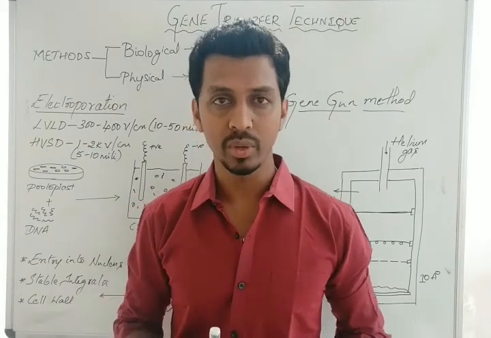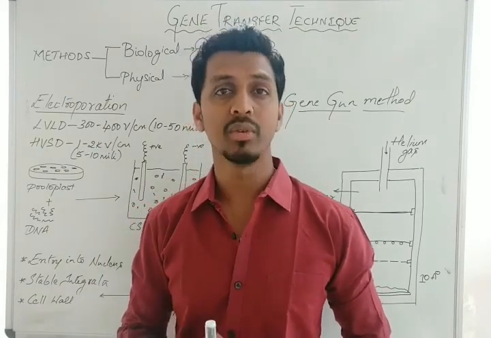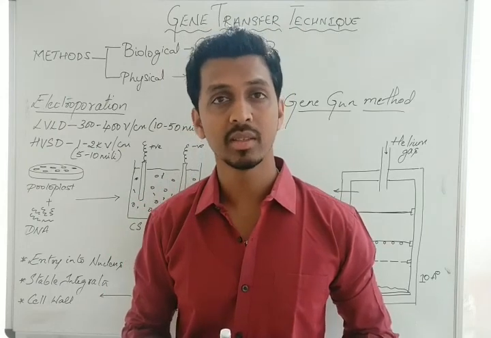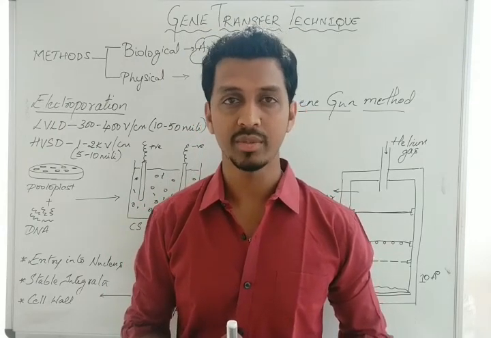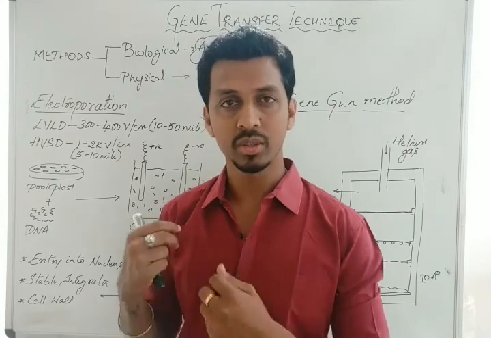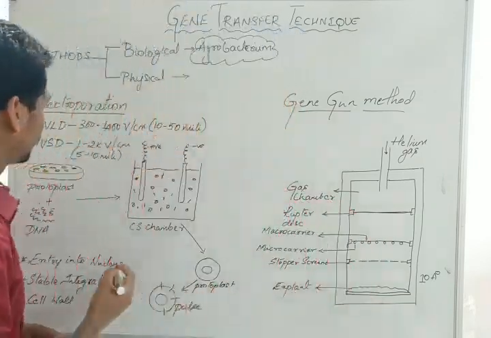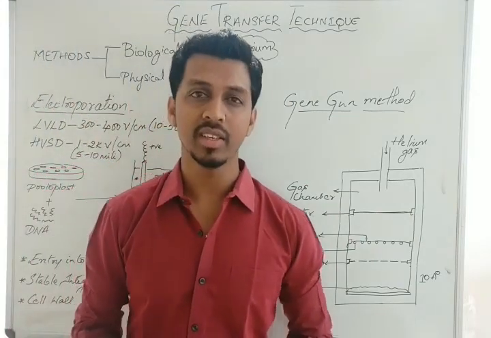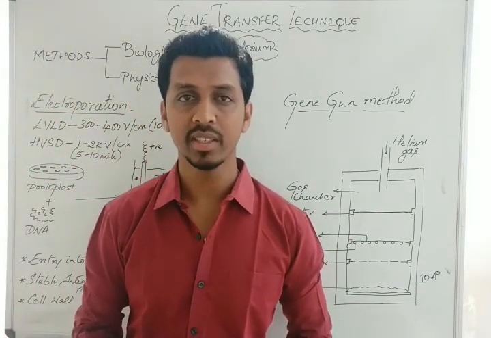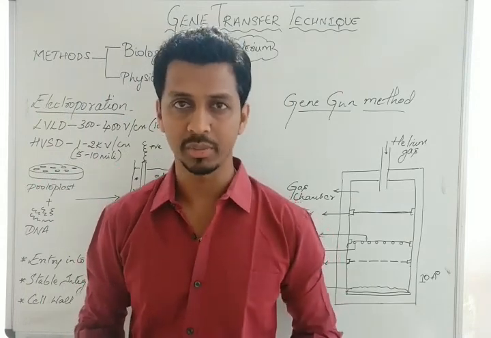Today we are going to discuss the principles involved in the method, the factors which play an important role, some of the instrumentation, as well as the procedure. Let's go to the first topic, electroporation. Neumann et al., in the year 1975, first discovered the electroporation method.